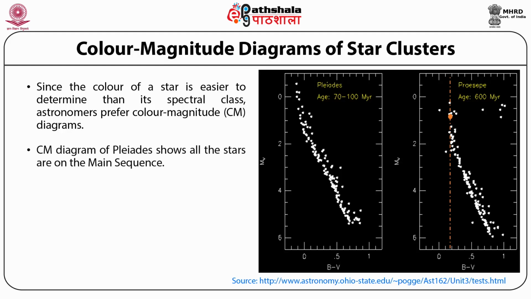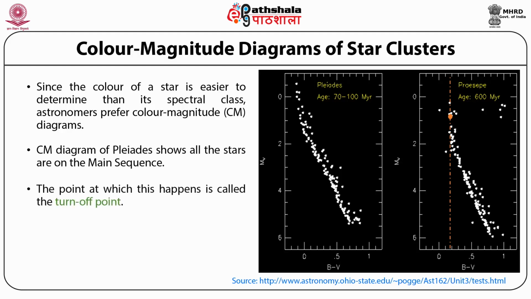In the case of the Pleiades cluster, all the stars appear to lie on the main sequence. In the case of Praesepe and other clusters, most of the stars again lie on the main sequence, but an important point to notice is that a few stars have turned to the right from the main sequence towards the giant branch.